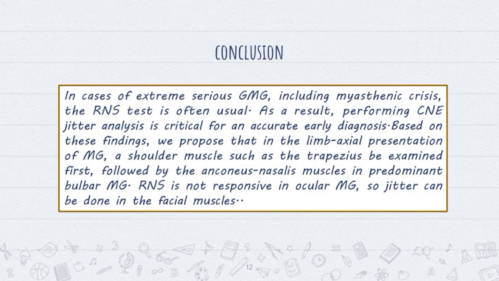Based on this finding, we propose that in the limb-axial presentation of MG, a shoulder muscle such as the trapezius be examined first, followed by the nasalis muscle in predominant bulbar MG.